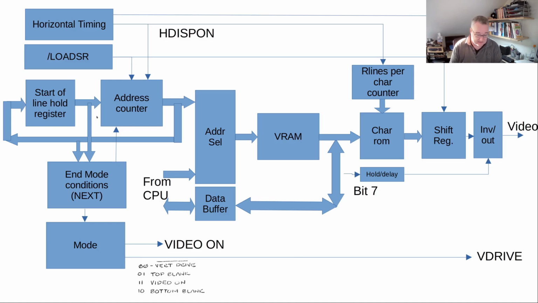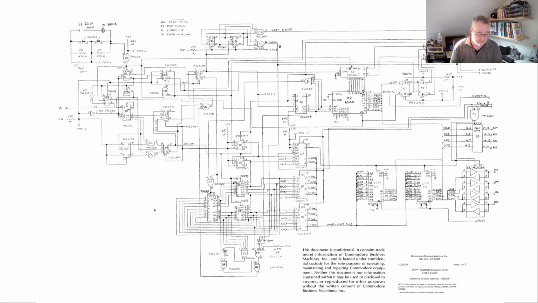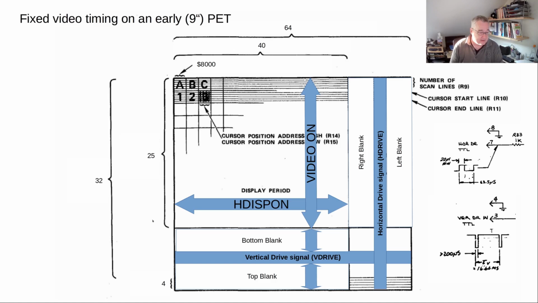So the reason for this is this address counter is actually reused. In this part of the video on, it actually counts until it gets to the end of the displayed character, which is 200 raster lines. And then in the bottom blank, vertical drive, and top blank, it counts 20 raster lines, which is actually 2 character lines plus a half.